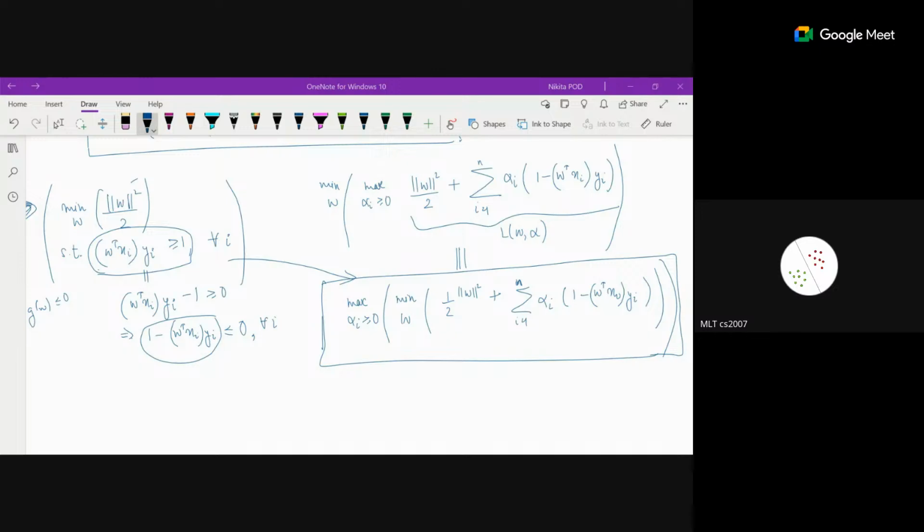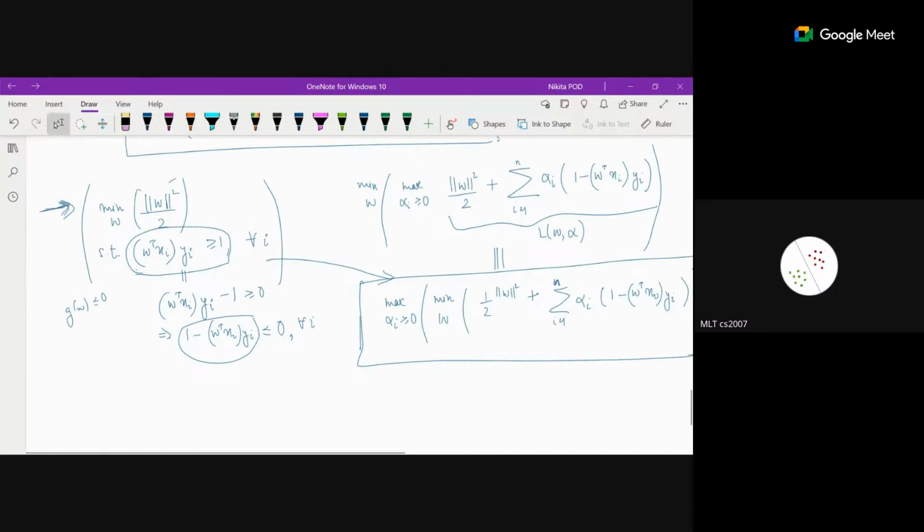And now using this primal dual thing, we're able to write this as max over alpha of min over my Lagrangian function. So this is where we are now.